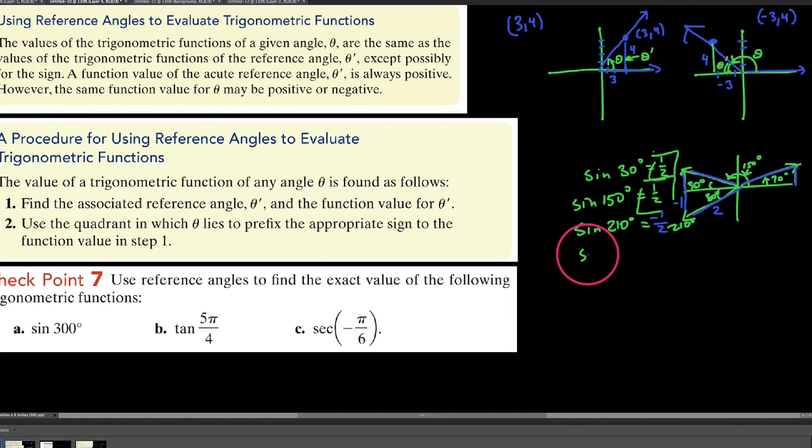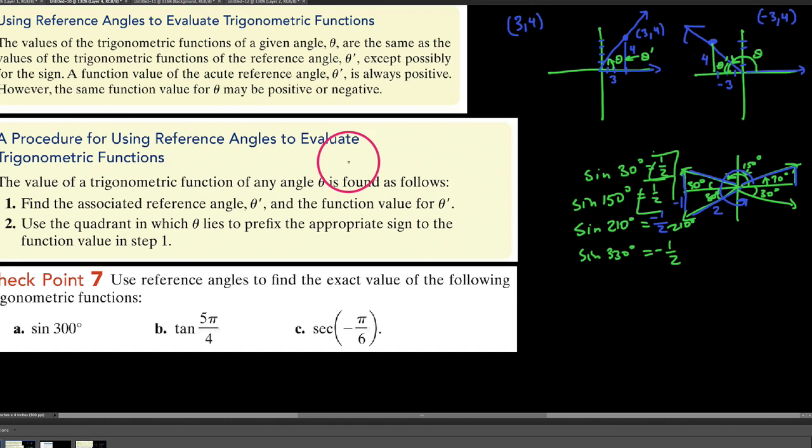And then likewise with a sine of 330 degrees, which is 30 degrees shy, there's your 330, but it's 30 degrees shy of the x-axis again. So the sine of 330 has to be the same as all of these numbers here, except this time it is negative, because it's terminating in the fourth quadrant, where sine is negative.